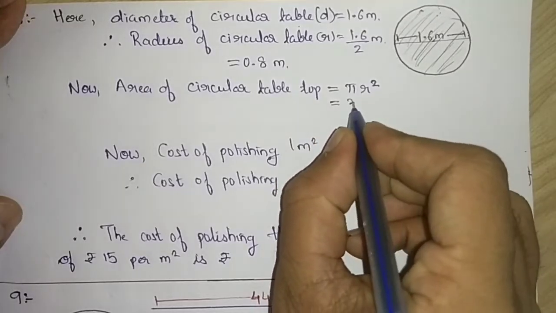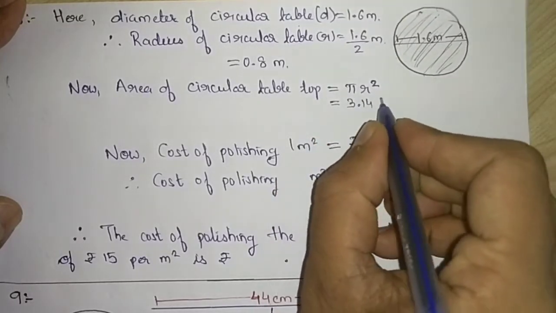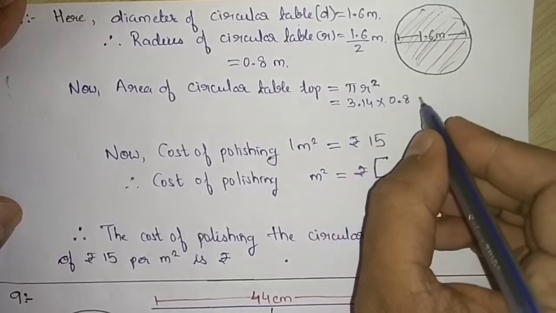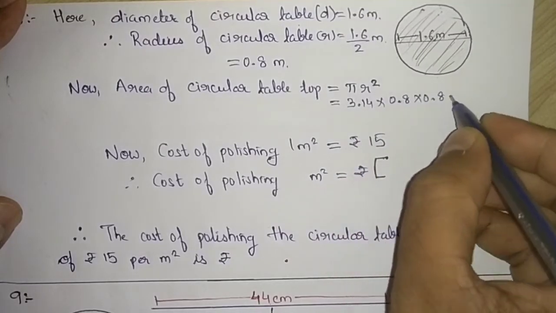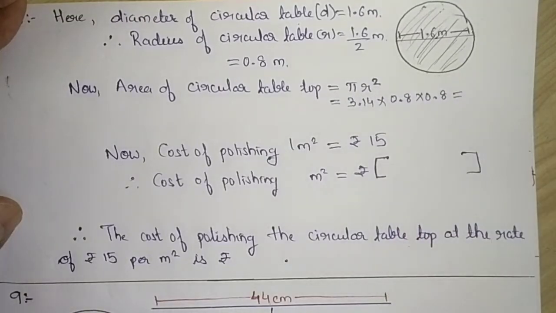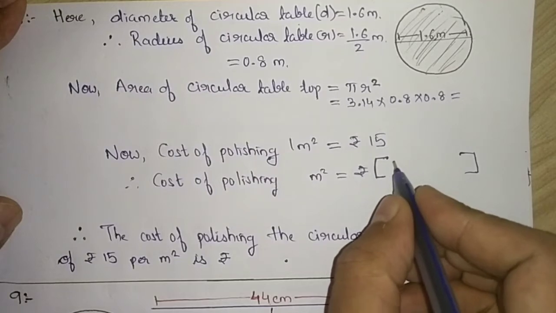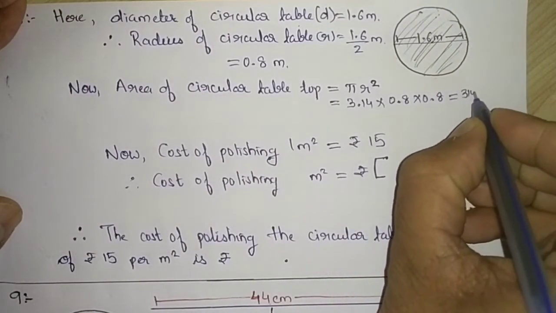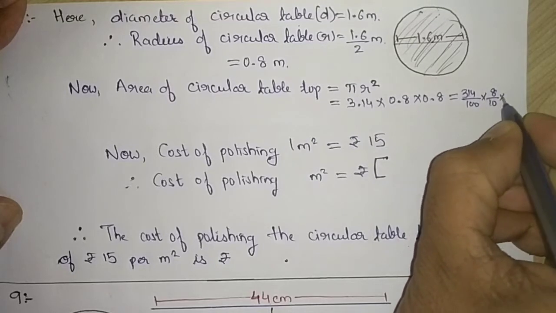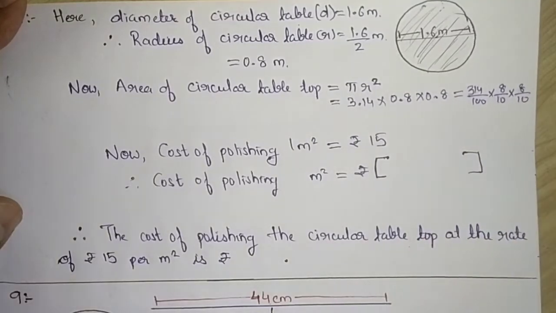Placing the values, pi they have given 3.14 into radius 0.8. Since it is square, I will write 2 times 0.8. If I remove the decimal points, I will get 314 divided by 100 into 8 by 10 into 8 divided by 10.